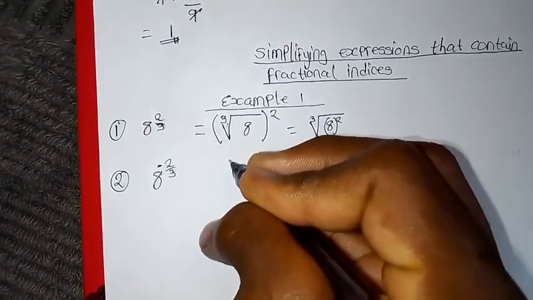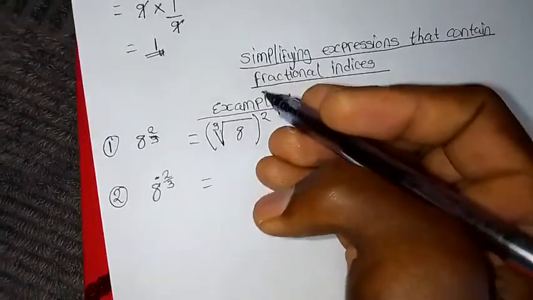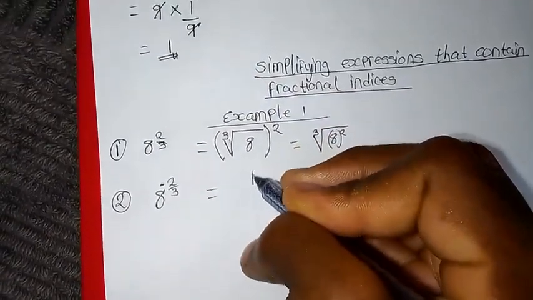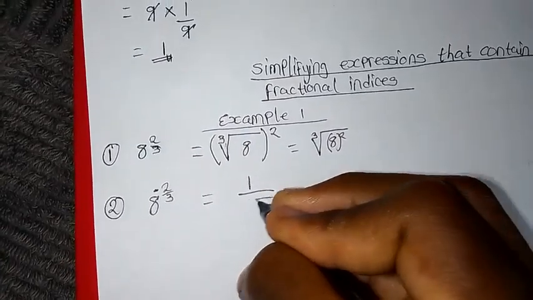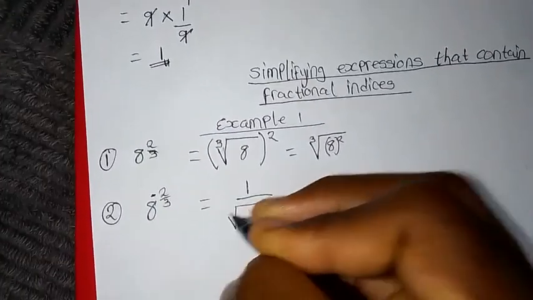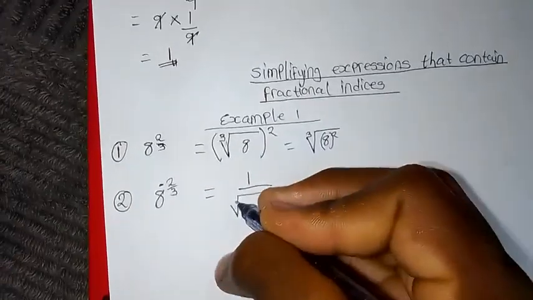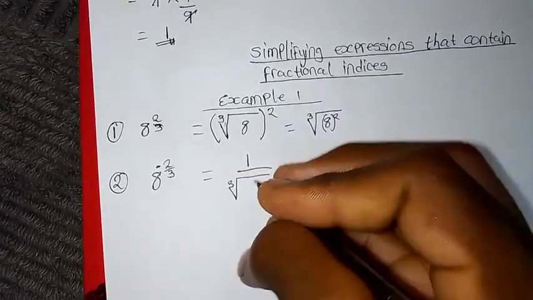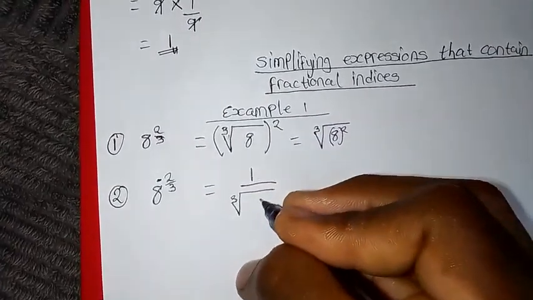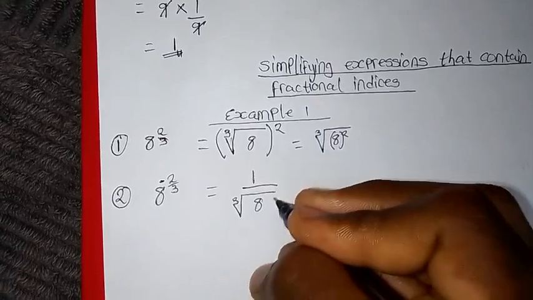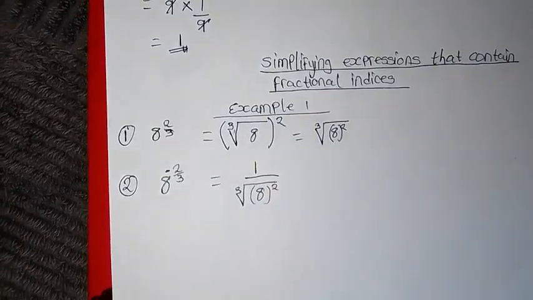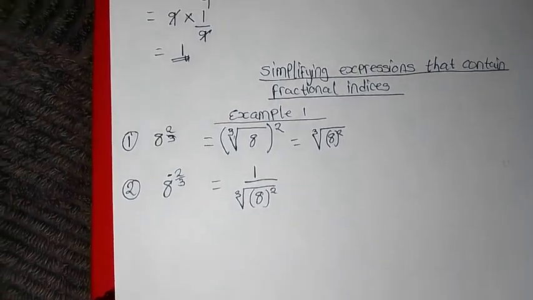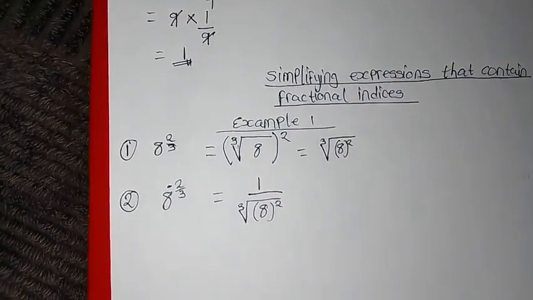As the law states, this one is going to be 1 over, and the 3, which is the denominator, comes here as the root, and the 8 in the middle, and then you square it, like this. So that's it for this question.